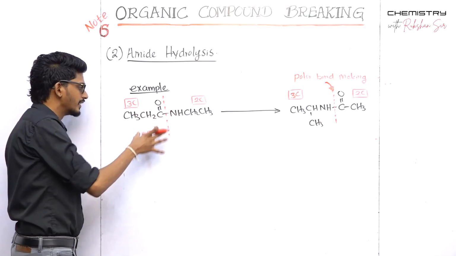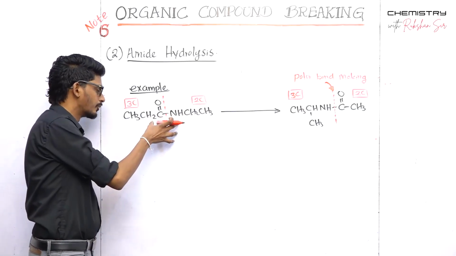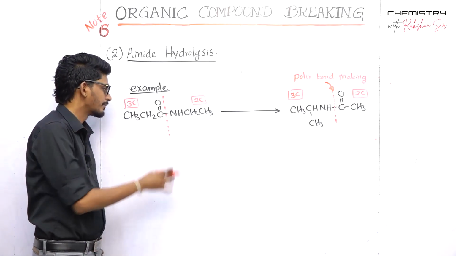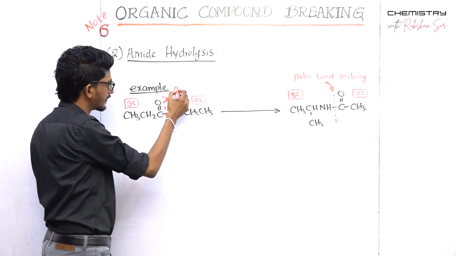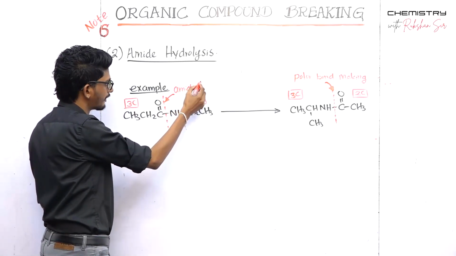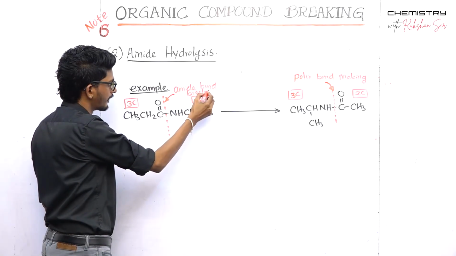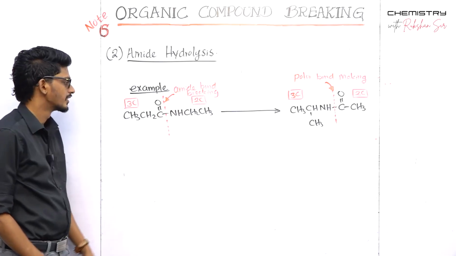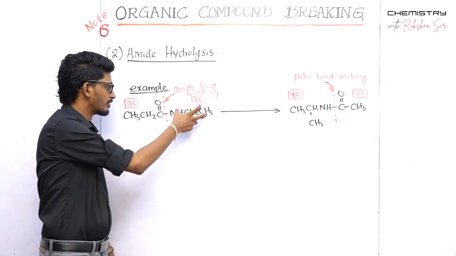What we have learned today is about this. This is a kind of amide bond breaking. If we can break this bond from here, you will get two compounds, one with 3 carbons and one with 2 carbons.